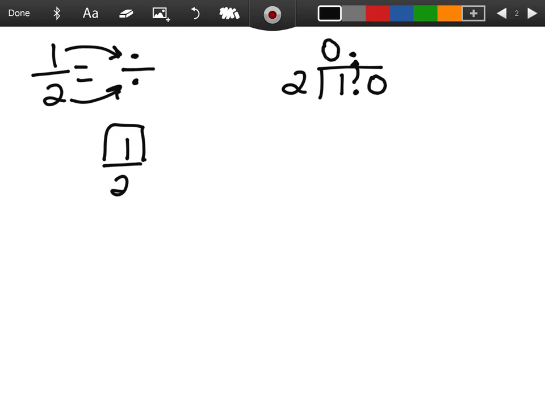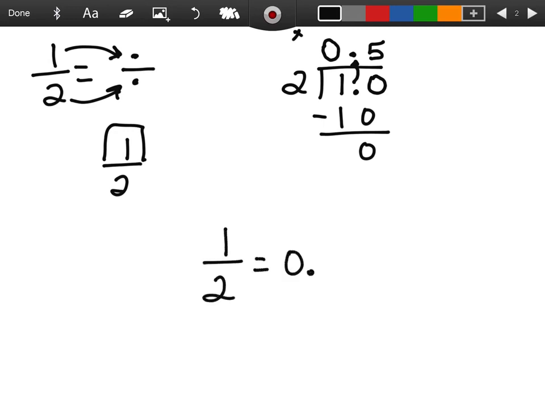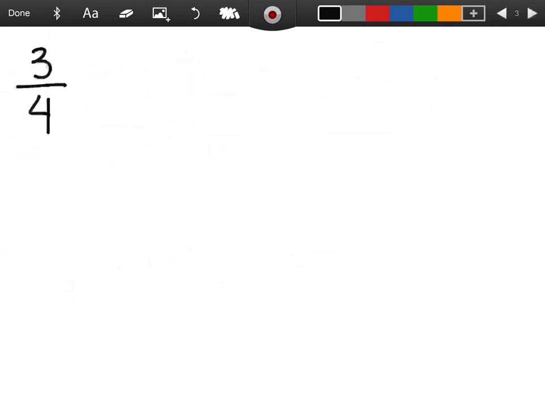Okay, but 2 can go into 10 5 times because I know 5 times 2 is 10 and I have no remainder. So 1/2 is equal to 0.5. Okay, easy peasy.